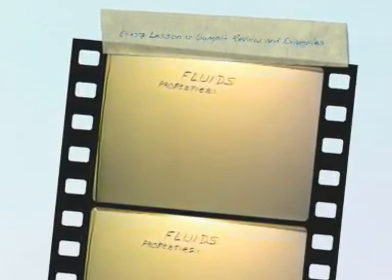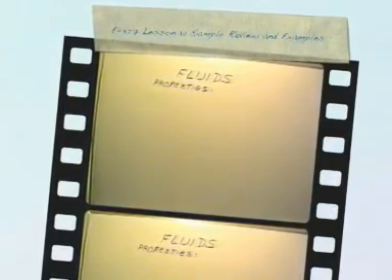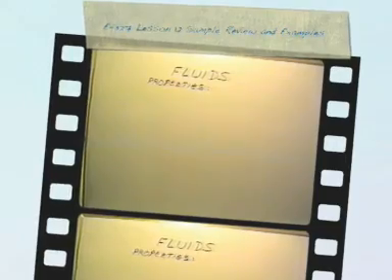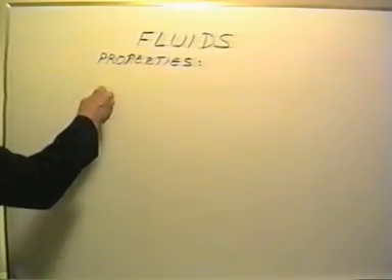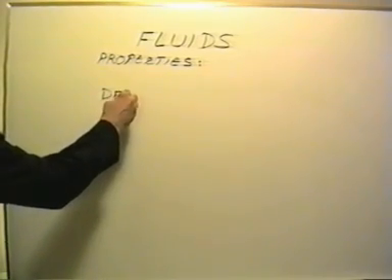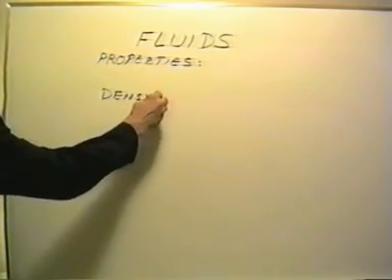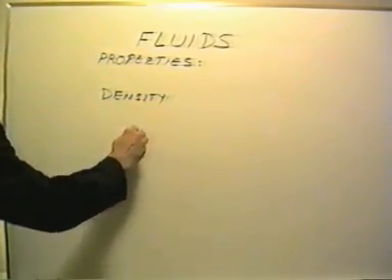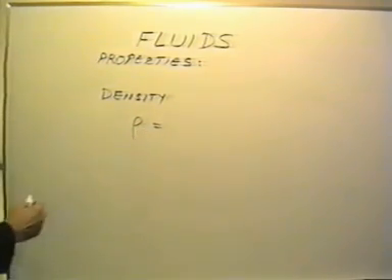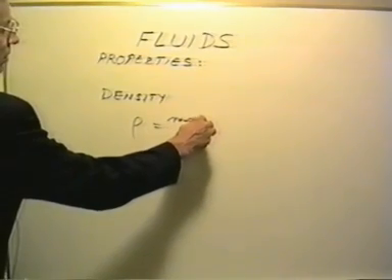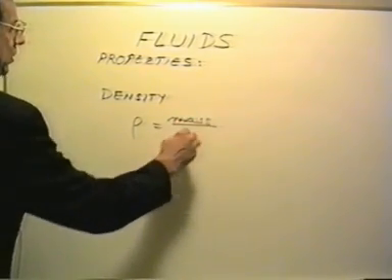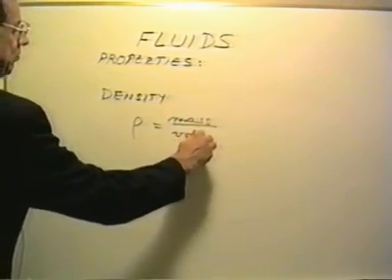One of the most common properties that we refer to in science and engineering of fluids is density. Density, usually symbolized by the Greek letter rho, is a measure of the mass of a fluid per unit volume.